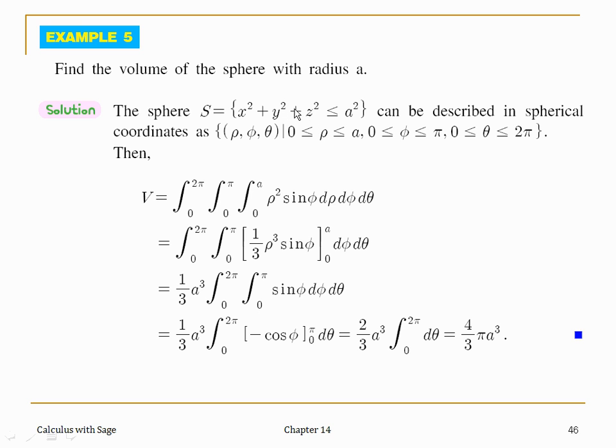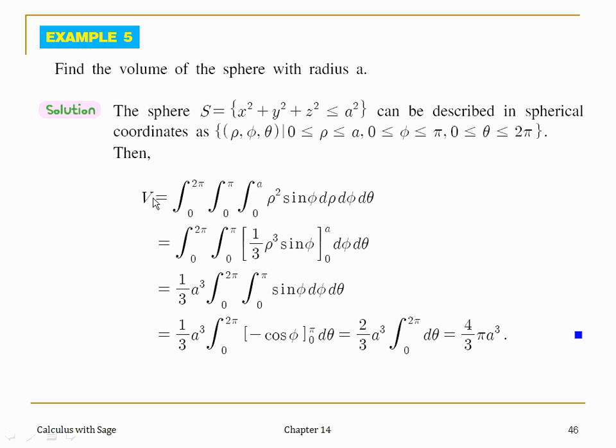So rho squared is less than or equal to a squared, so rho should be between 0 and a. The radius starts from 0 to a, and then we draw a half circle first, and then rotate it from 0 to 2 pi to have a whole sphere. So this is the right representation of this sphere.